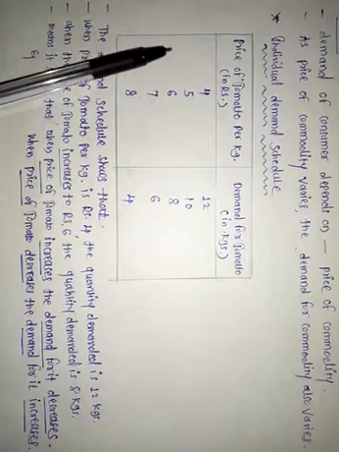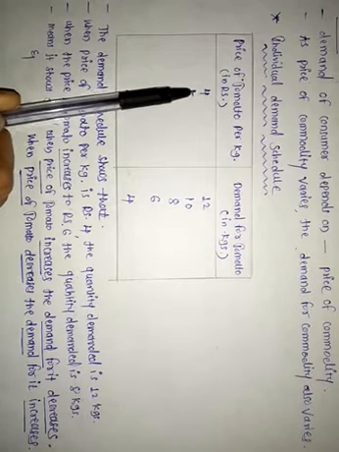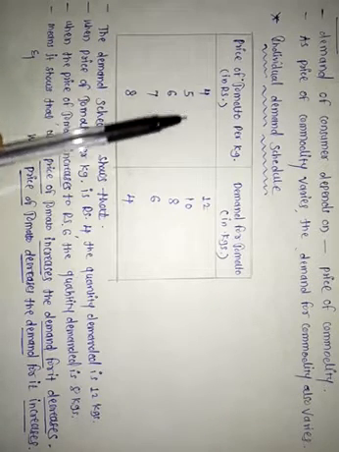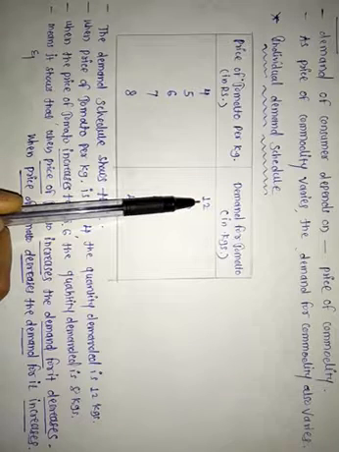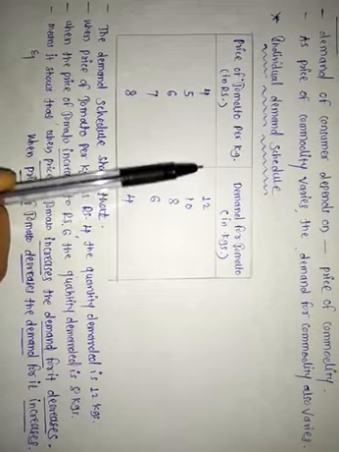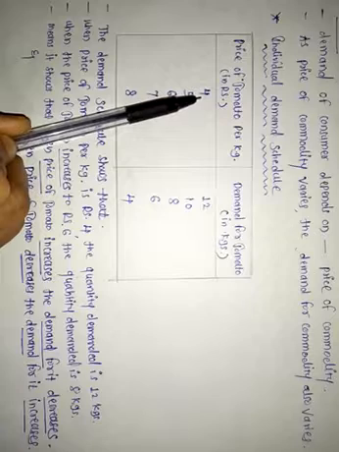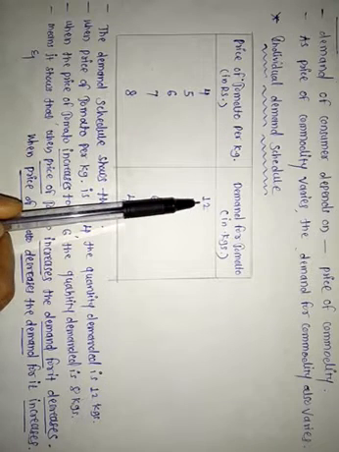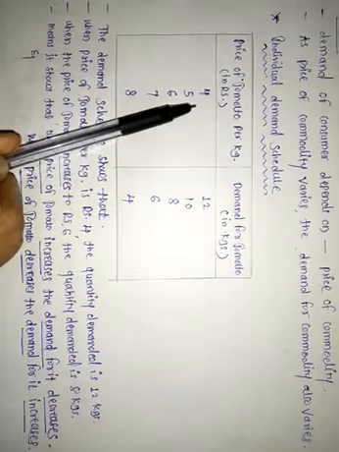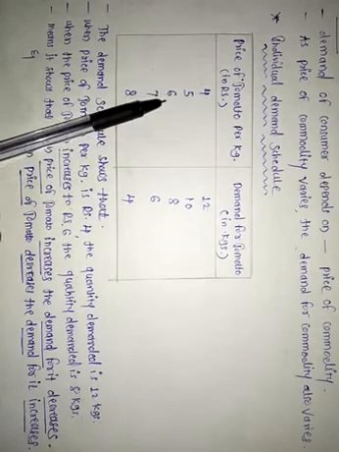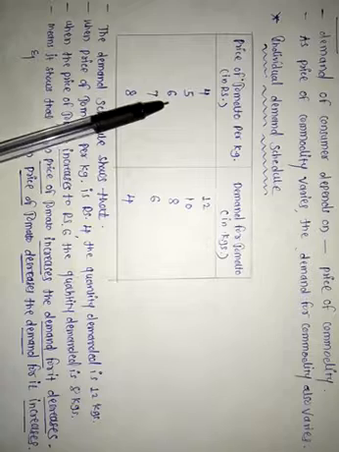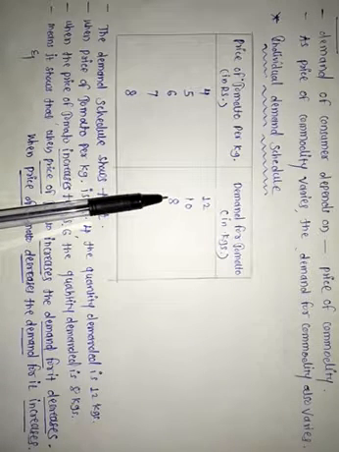Here, if the price of tomato is rupees 4, then the quantity demanded is 12 kilograms. It means at the price of rupees 4, the consumer demanded 12 units of tomato. If the price increases to rupees 6, then the quantity demanded is 8 kilograms.